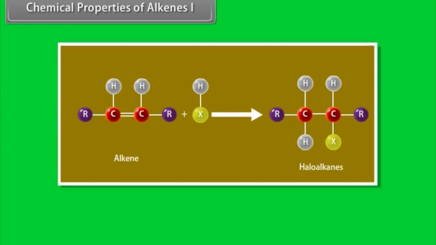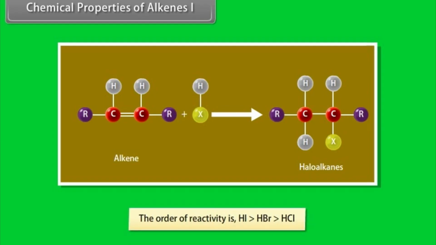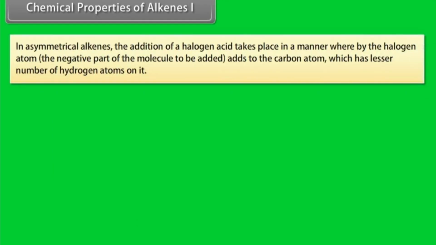Addition of halogen acids. Alkenes with concentrated aqueous solutions of halogen acids give haloalkanes. The order of reactivity is HI greater than HBr greater than HCl. In asymmetrical alkenes, the addition of a halogen acid takes place in a manner whereby the halogen atom, the negative part of the molecule to be added, adds to the carbon atom which has the lesser number of hydrogen atoms on it.